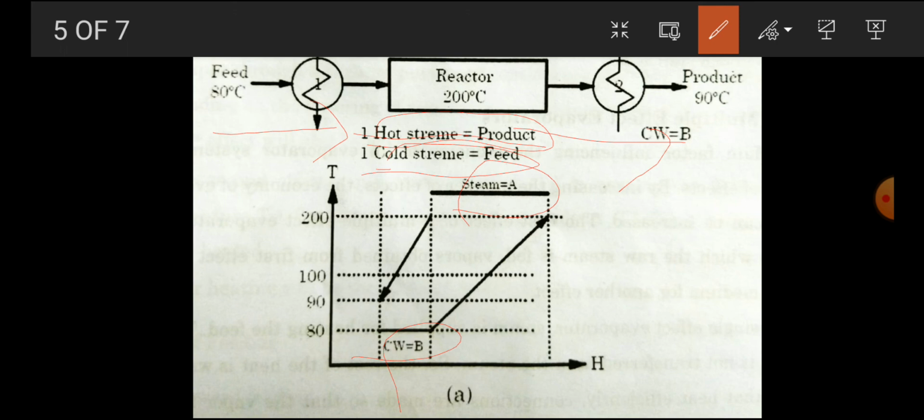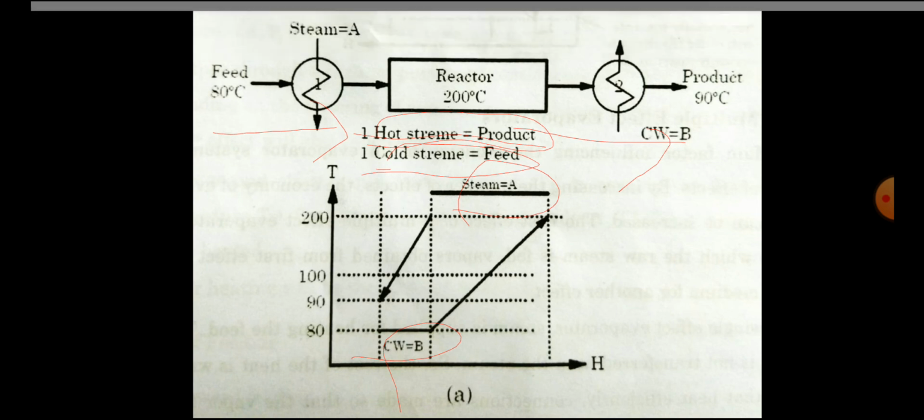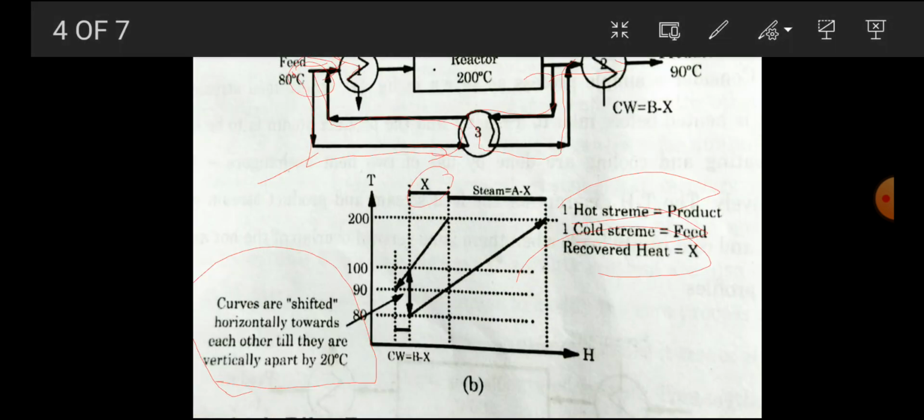So now we'll see the diagram which I discussed earlier, with one heat exchanger added. In this diagram, an addition of heat exchanger 3 recovers the product heat X to preheat the feed stream. So the steam and cooling water requirements also get reduced by the same amount X, and the amount of heat recovered depends on the minimum approach temperature allowed for the new exchanger.